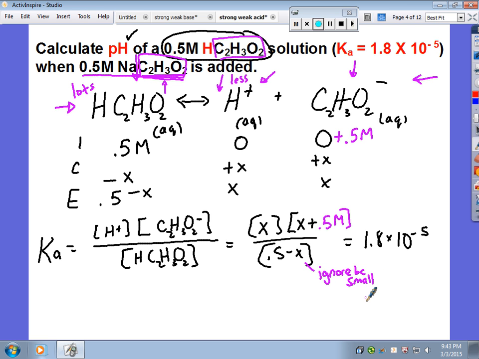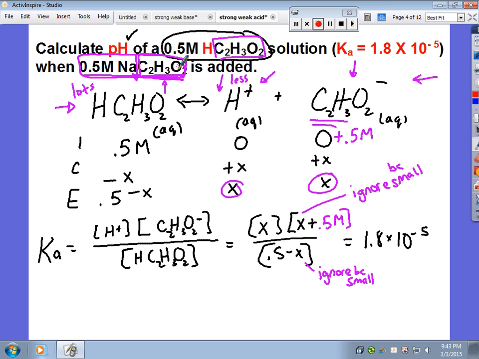Because it's coming from a weak acid, so it's having a difficult time dissociating, so there's very little of this floating around. And I'm also going to ignore this, because it's small. Why am I ignoring that? Where's this coming from? Oh, look, it's coming from a bad dissociator as well, so there's very little of it compared to my salt that's now dissociated.